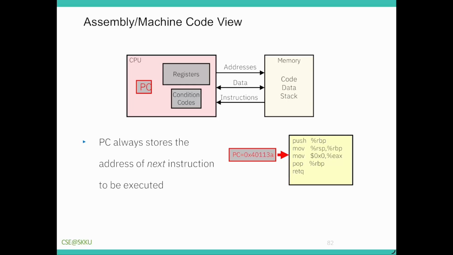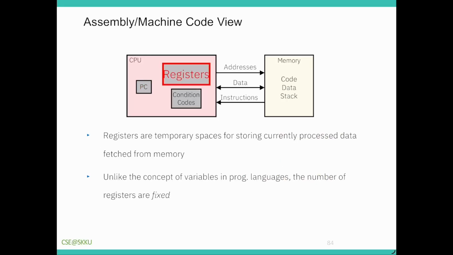So PC always stores the address of the next instruction to be executed, and it constantly moves as we finish one instruction and another. Registers are temporary spaces for storing the currently processed data fetched from memory.